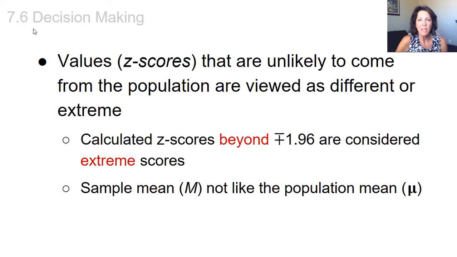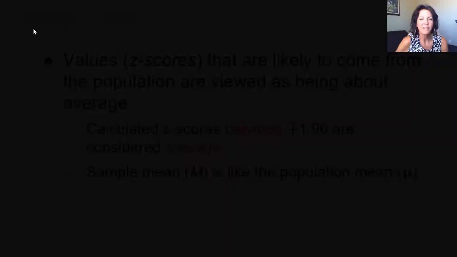And what we're saying then, if our sample mean is in one of these critical tail regions, we're going to say our sample mean is not like the population mean. That what we're seeing in our sample makes it different than the population, that they're not one and the same, that our sample didn't come from that population, that they are actually part of a different population.